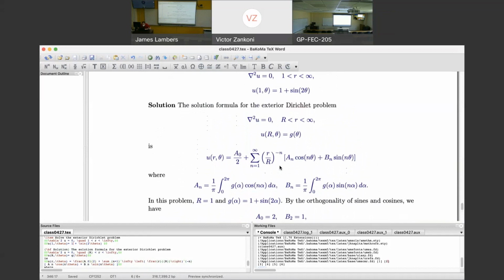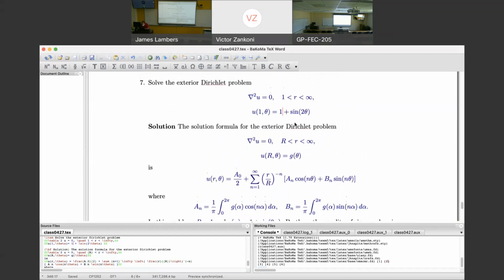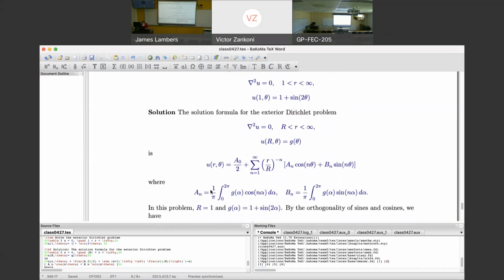Oh, right. So I have to be careful about this. The way these formulas are written, the constant term is a special case because we have this A0 over 2.